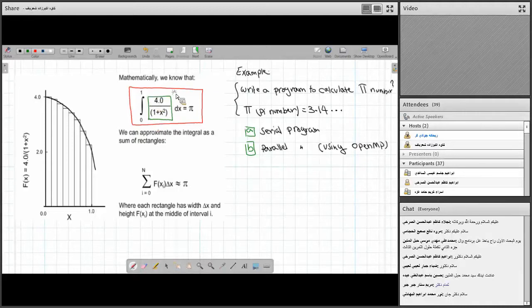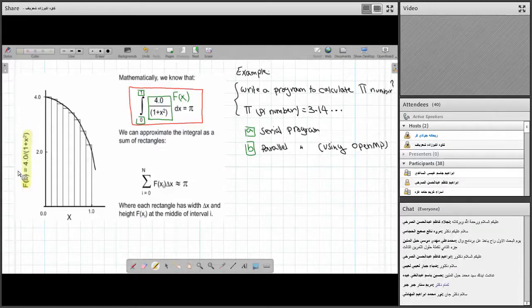This is f of x, in the interval between 0 and 1. انتگرال 0 تا 1 تابع f(x) dx میشه پی. خب now we are going to draw the f(x). الان میخوایم f(x) رو رسم کنیم.